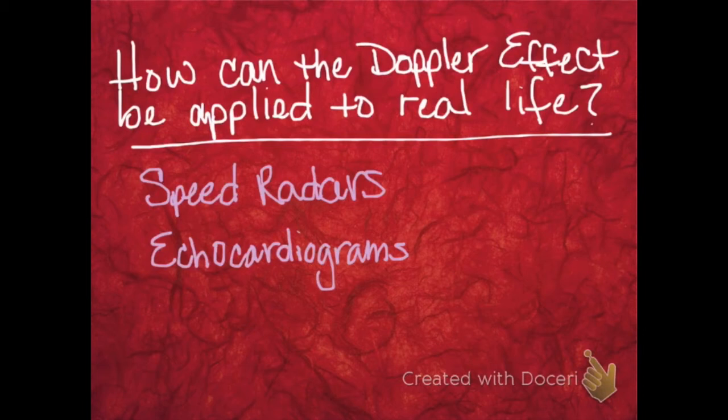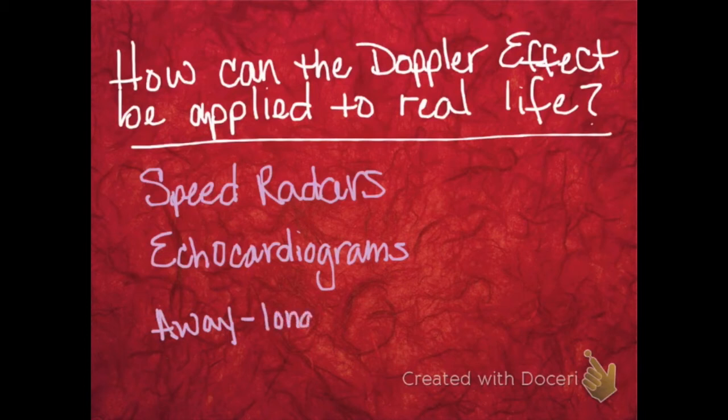And then the other thing we have is a lot of Earth and space stuff that we do with it. Doppler effect causes red shift and blue shift. This allows us to see if things are moving closer to us or away from us.